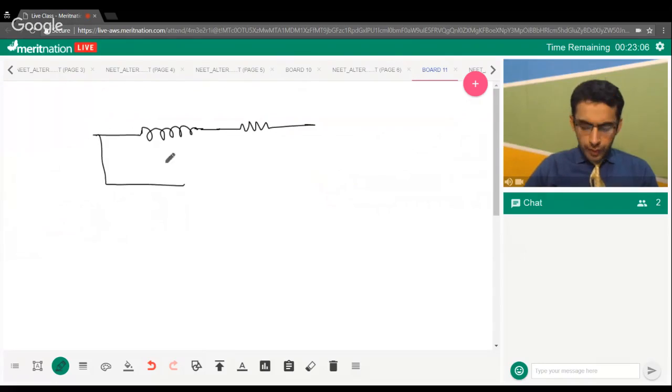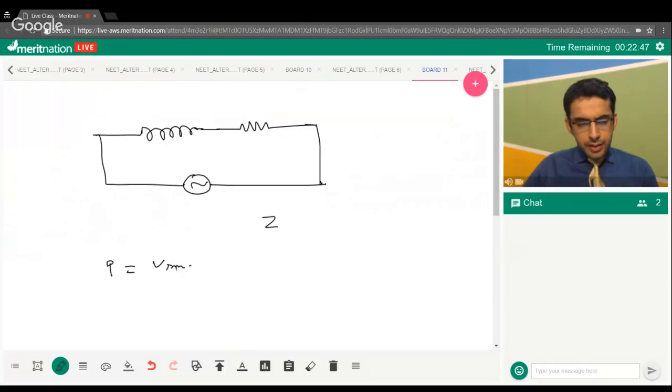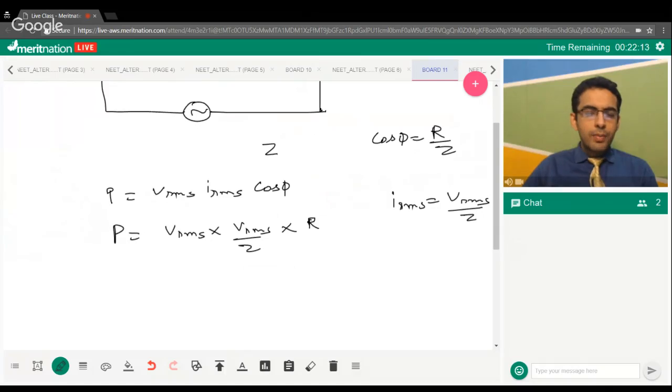So power dissipated will be given by VRMS into IRMS into cos of phi, where phi is the phase angle, and cos phi can be written as R by Z. IRMS is basically VRMS by Z. So we can say P is equal to VRMS into VRMS divided by Z into cos phi, that means R by Z.